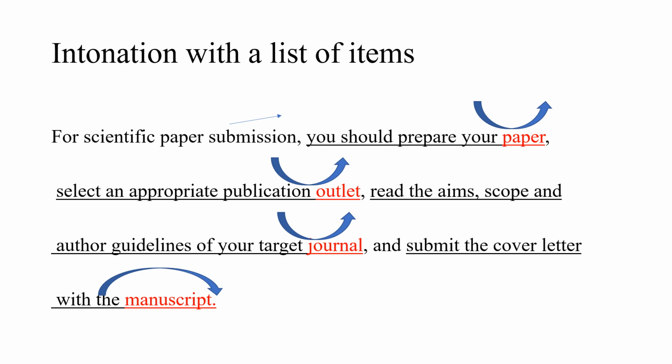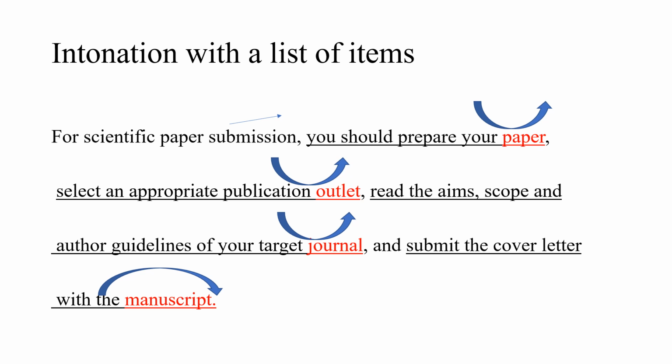Let's do it again. For scientific paper submission, you should prepare your paper, select an appropriate publication outlet, read the aims, scope, and author guidelines of your target journal, and submit the cover letter with the manuscript.